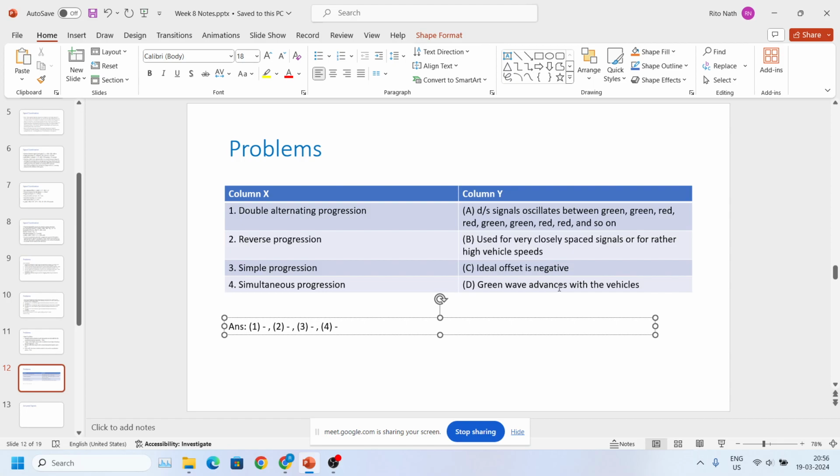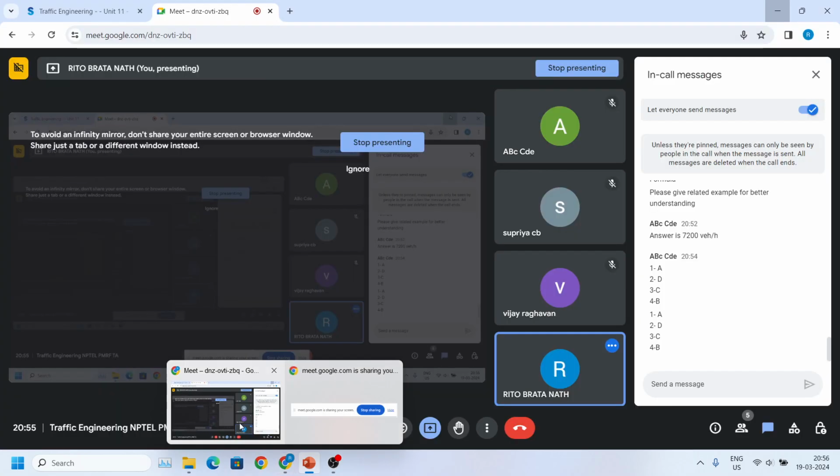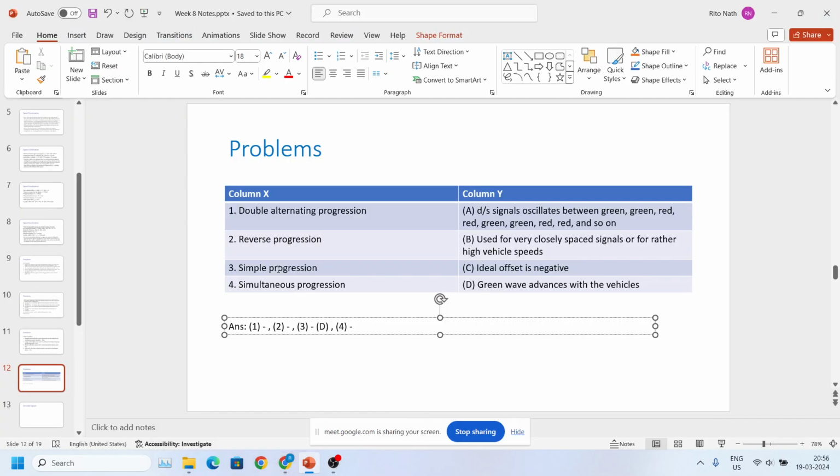Okay, let's take simple progression. So a simple progression, green wave advances with the vehicles. So this is D. You wrote 2 is D, which is wrong. Next is reverse progression. Let's take that.